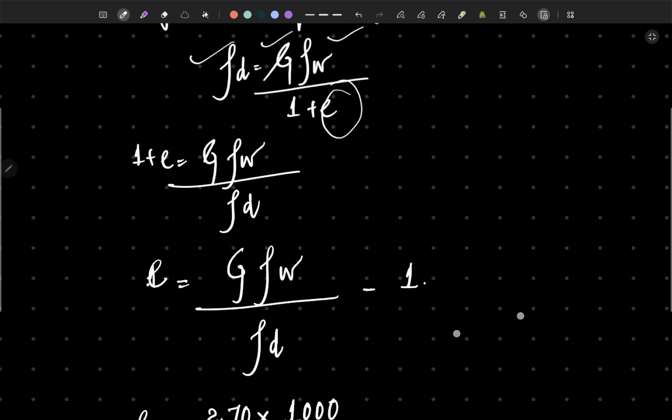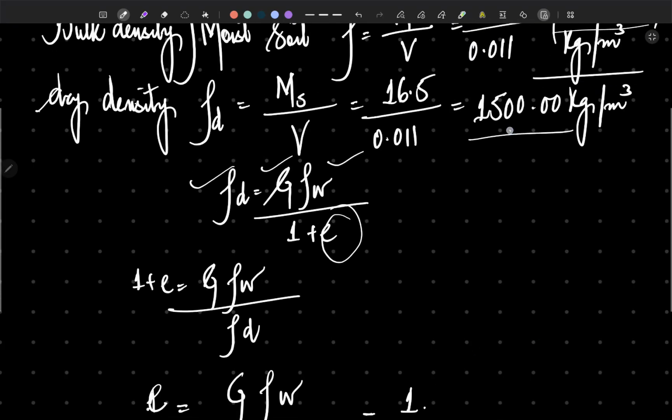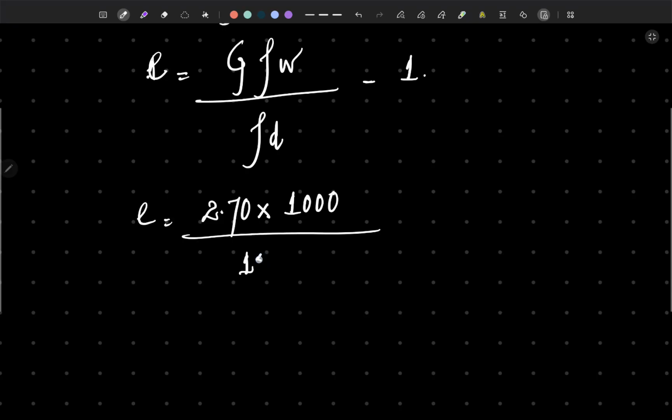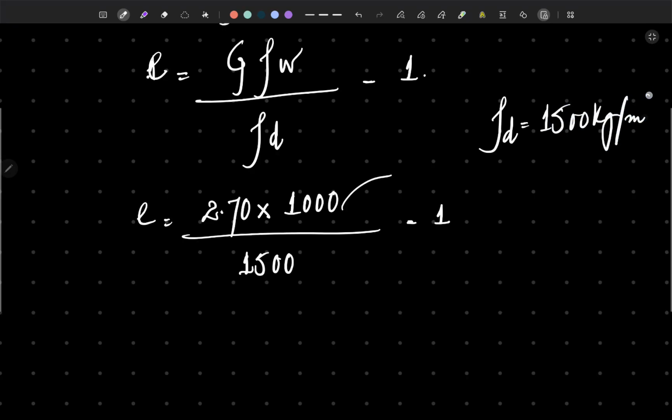Dry density we have just calculated, it's 1500, minus 1. This was the dry density of the soil, which we just found out. It was 1500 kgs per cubic meter, and this is the density of water, whose value is 1000 kilograms per cubic meter.